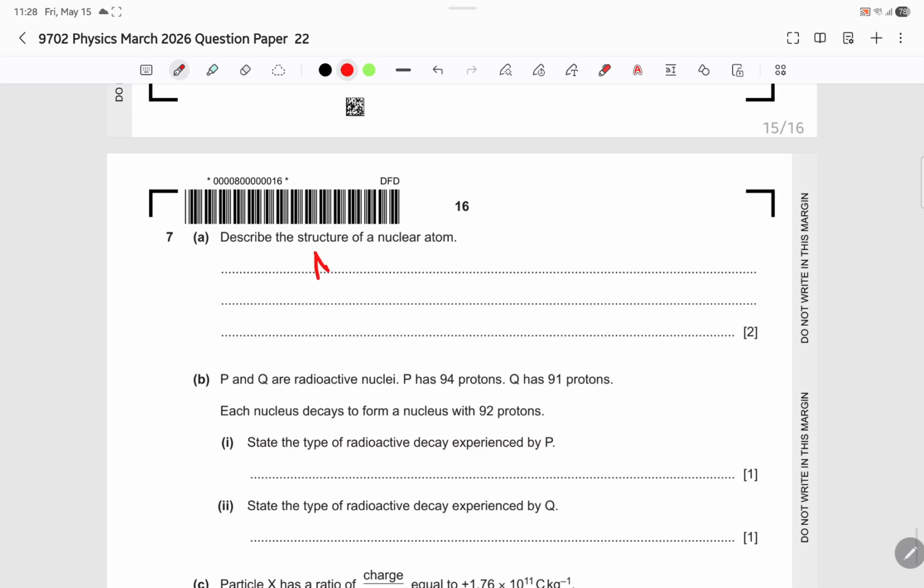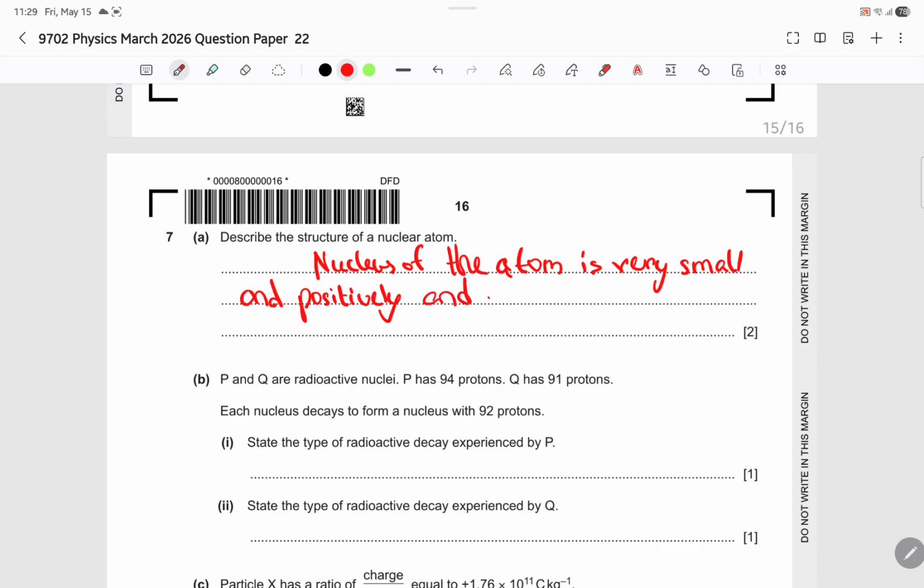First of all, the nucleus of the atom is very small and positively charged, and the nucleus is surrounded by electrons, and most of the atom is empty space. Or just write empty, okay?